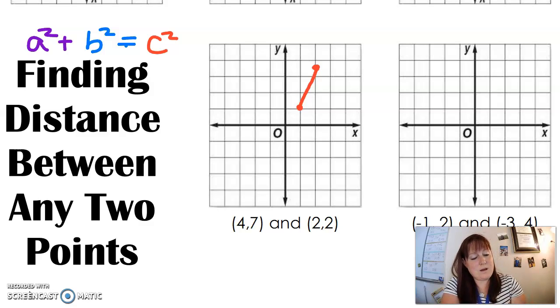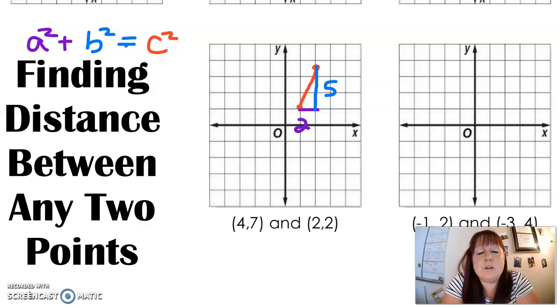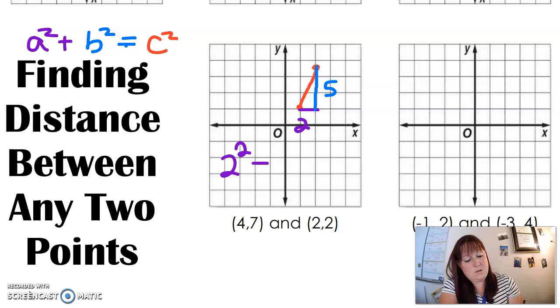Well, guess what? I went over 2, and then I went up 5. I can count. I went up 5 to get there, right? 2, 5. So what's the third side of that triangle? We know how to find that with the Pythagorean theorem, right? 2 squared plus 5 squared equals c squared.